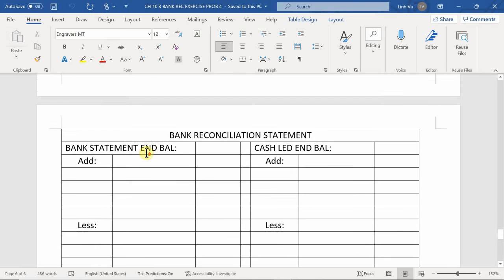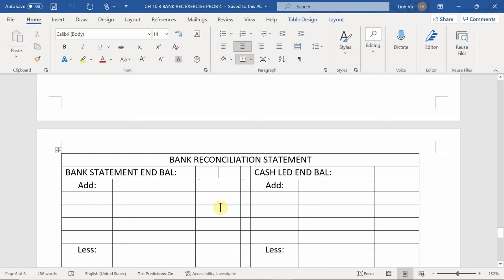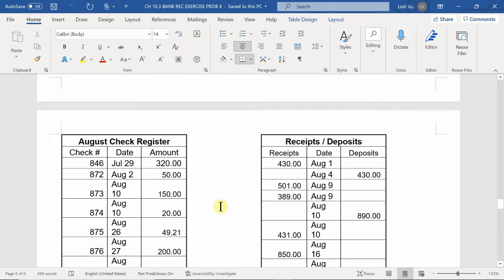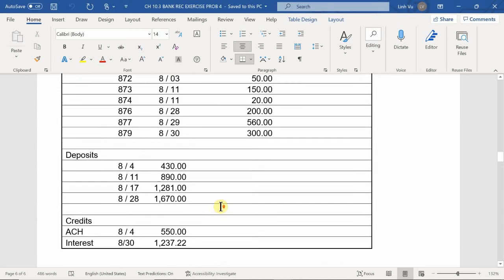All right, first things first, we've got to start out with the total amount in our bank account. So let's take a look at my bank statement.